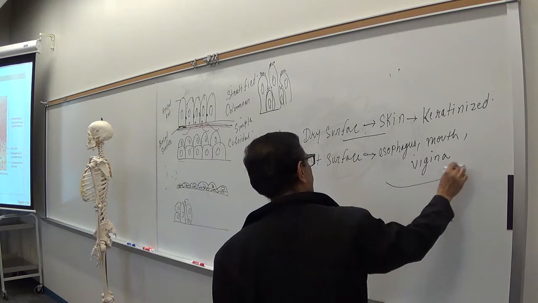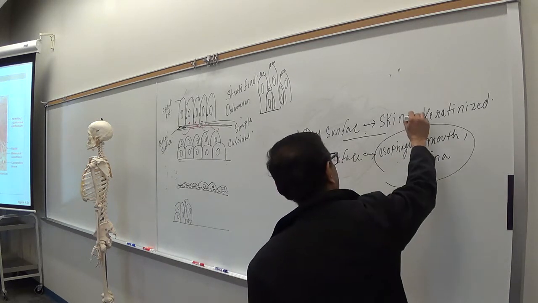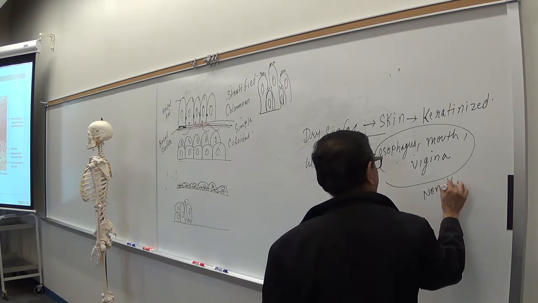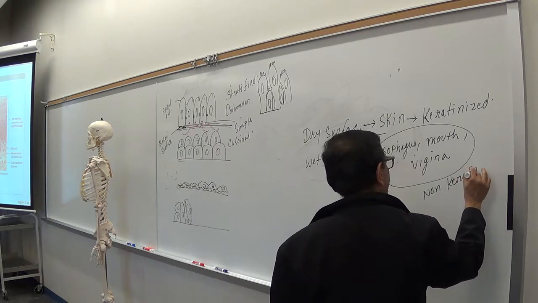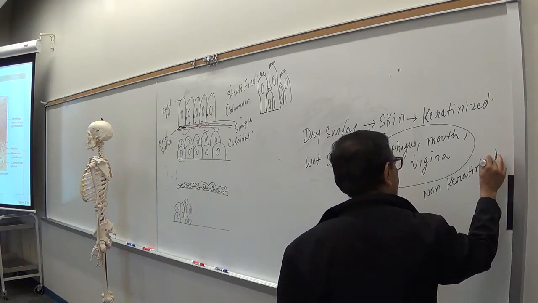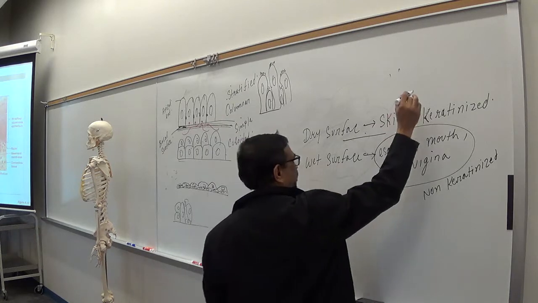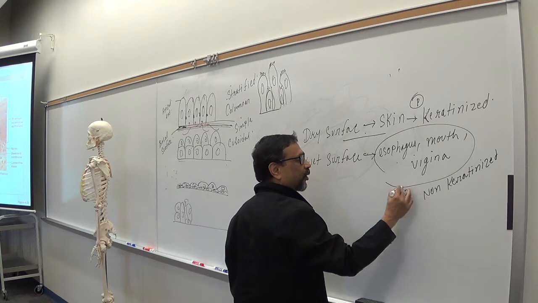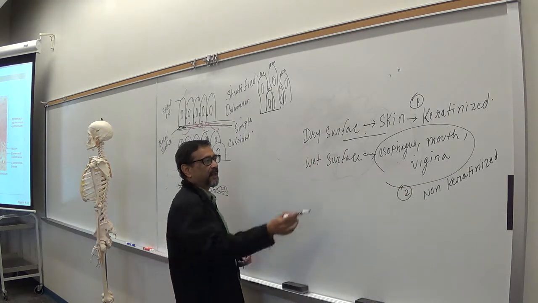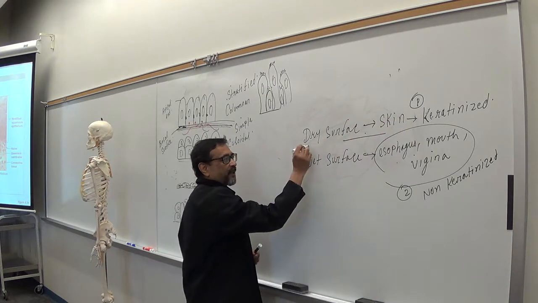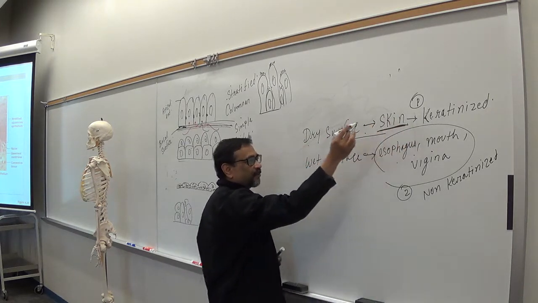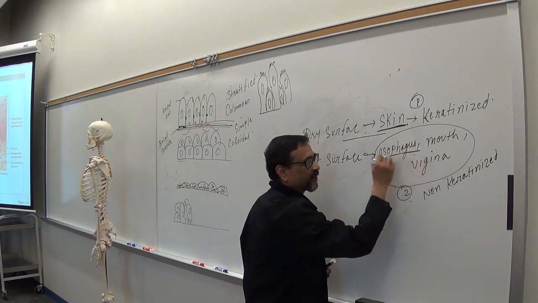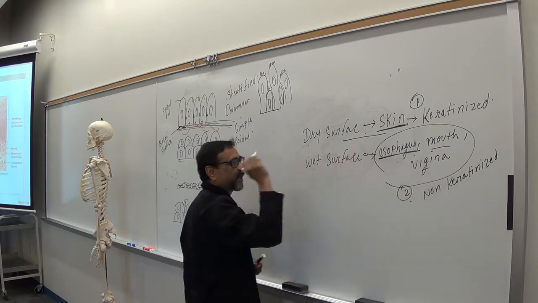So those structures have another type of stratified squamous that is called non-keratinized. Okay, non-keratinized stratified squamous. So stratified squamous could be keratinized or non-keratinized. Keratinized in dry surface, example, in the skin. Non-keratinized in wet surfaces, inner surface of the esophagus, mouth, vagina.